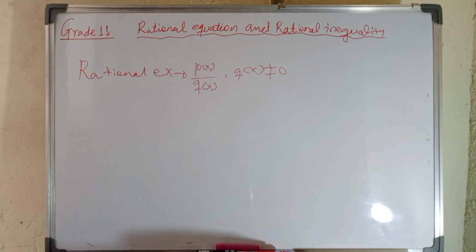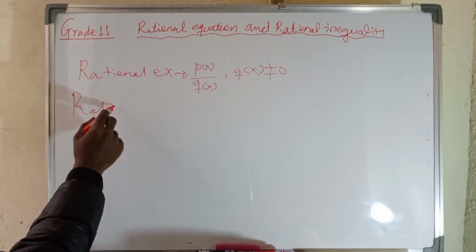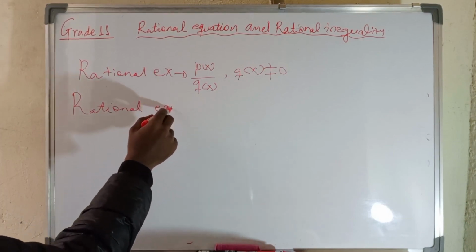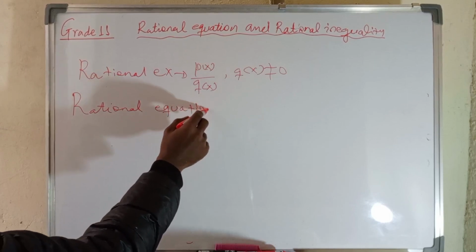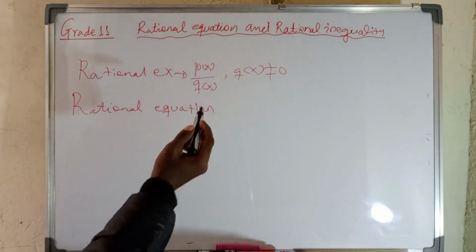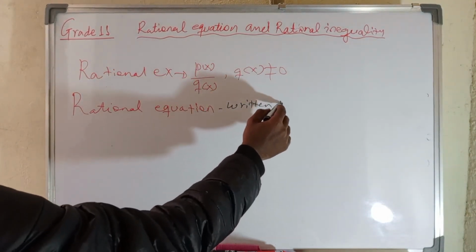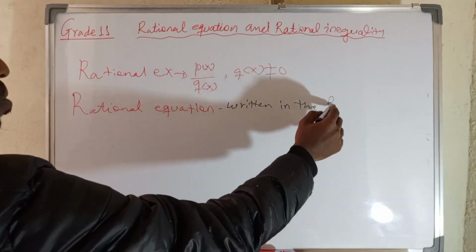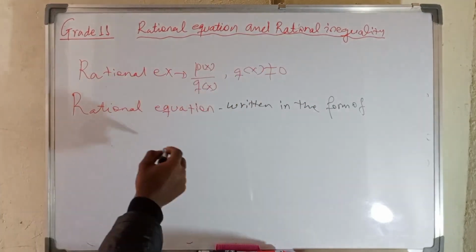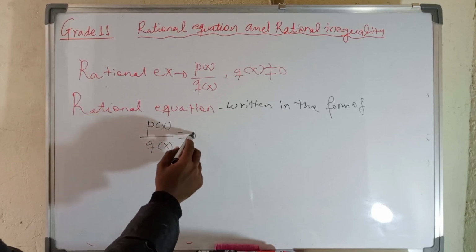So when we are talking about a rational equation, it is written in the form of P of x over Q of x equals 0.